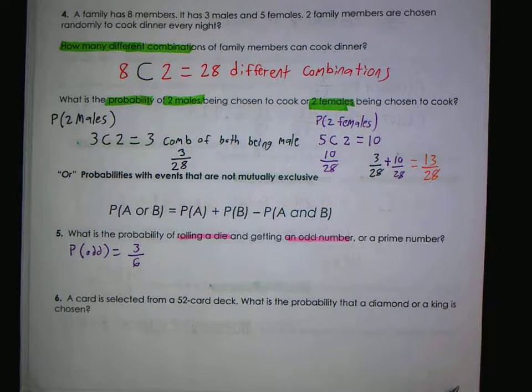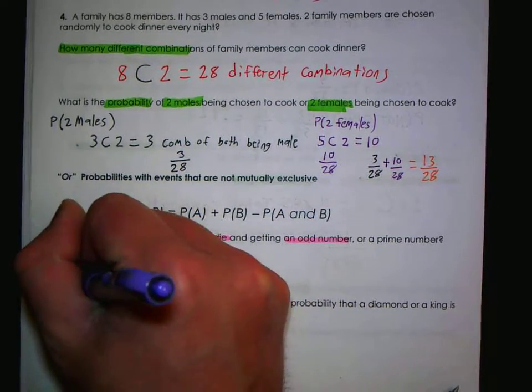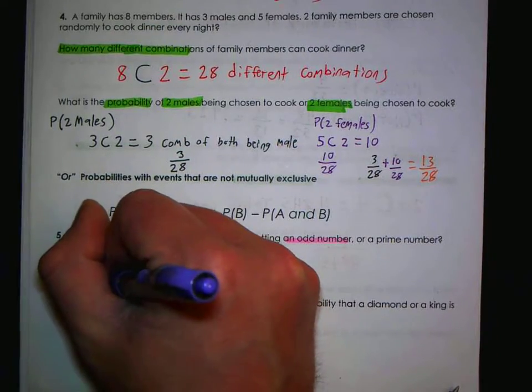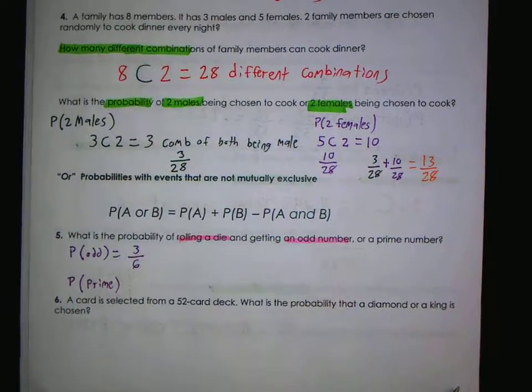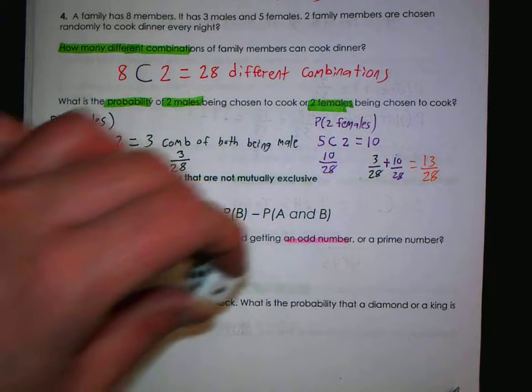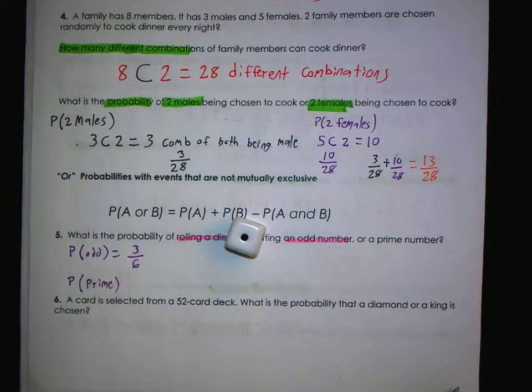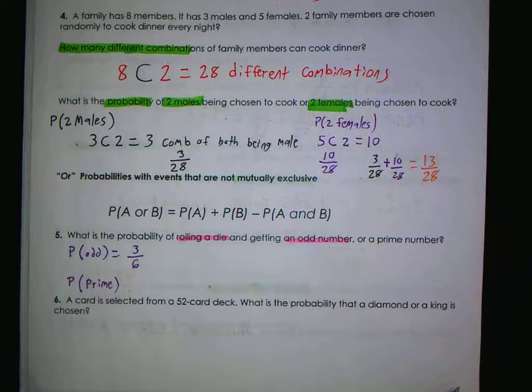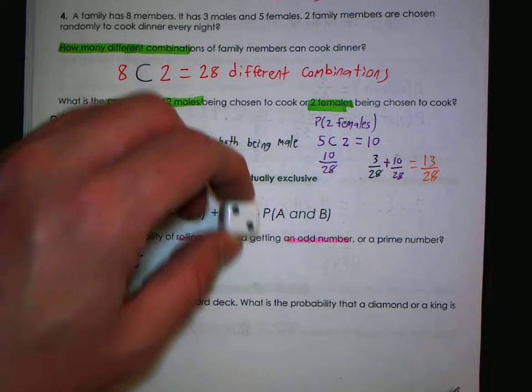What's the probability of getting a prime number? Is 1 prime? Nope. Some textbooks call 1 prime, but almost every textbook I've seen say no. Okay, so 1 is not prime.